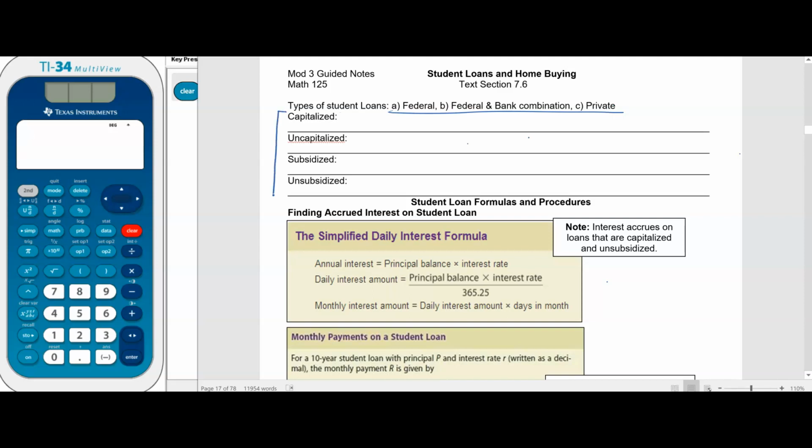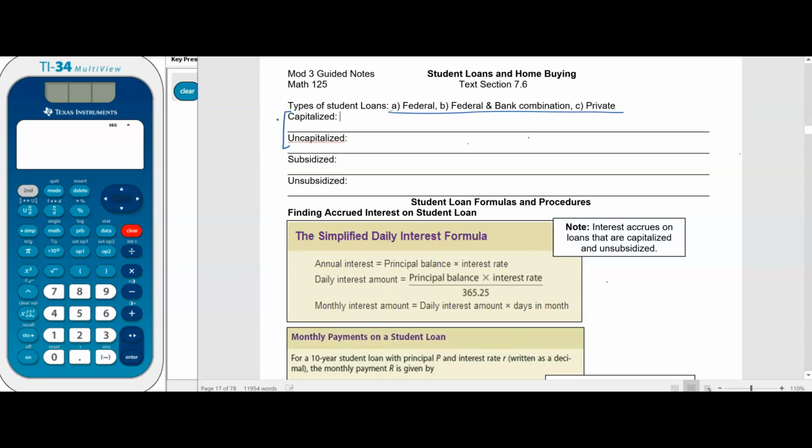So we've got these 4 terms that describe how the interest on the loan is going to work. If interest is capitalized, then no interest is paid while the borrower is in school. So capitalized versus uncapitalized just talks about how the student is paying the interest. So actually, let me just jot that down.